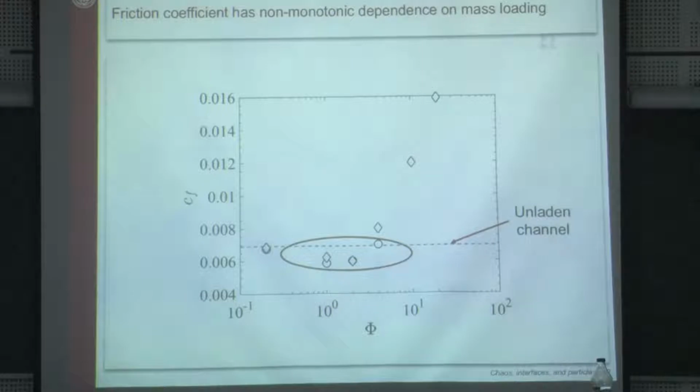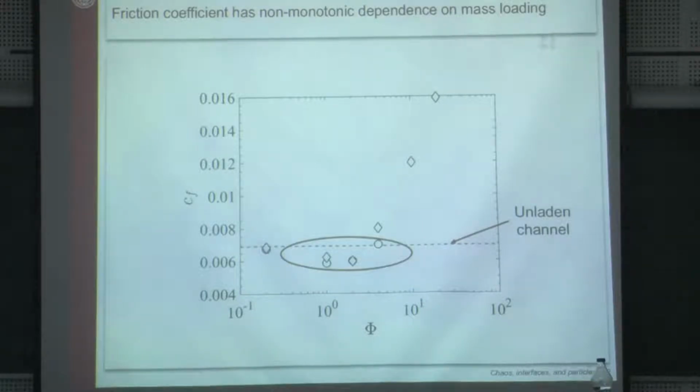So from Blasius' original PhD work, he had all this correlated, the CF as a function of Reynolds number. We know what it is in the unladen case, and the Blasius correlation is down there. So at our low mass loading, we're pretty much on top of it. We match this. That's expected.